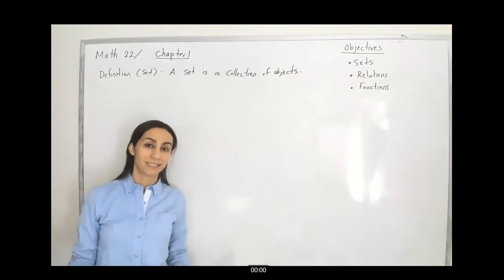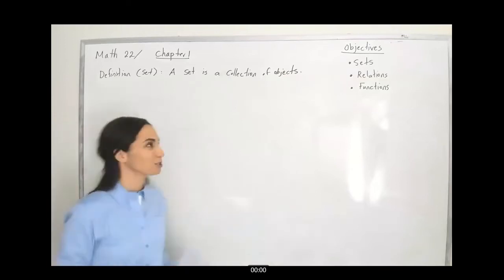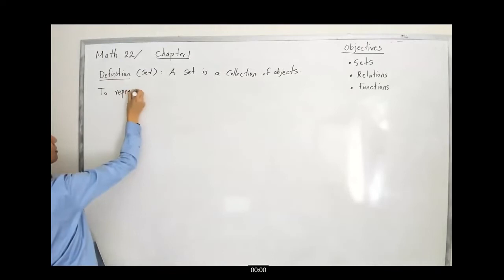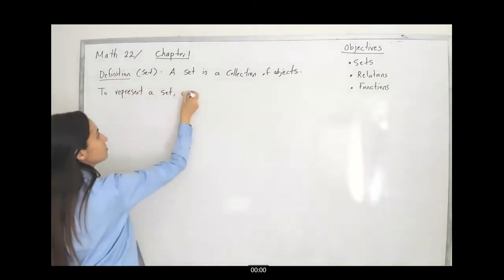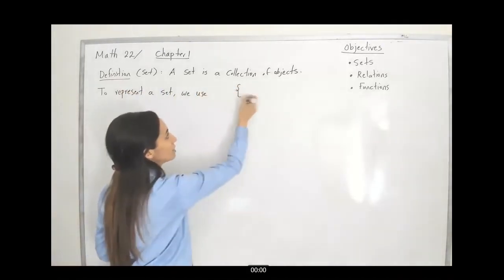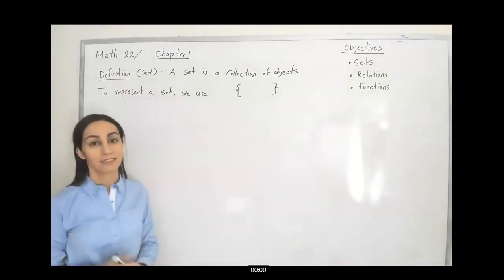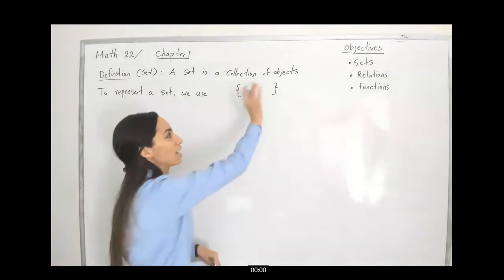How do we represent a set? We use curly brackets, or curly braces, to represent a set. As I mentioned, sometimes it's easy to list all of the elements here.